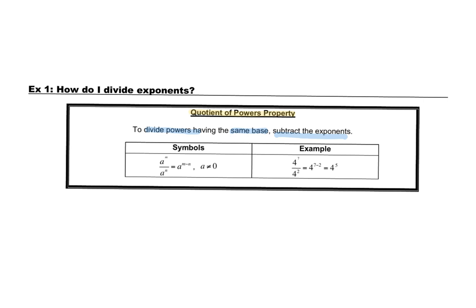Well, let's take a look at what that looks like with our example. We have 4 to the 7th power divided by 4 to the 2nd power. So basically what we have here is 7 4s, and then we have 2 4s on the bottom that are being divided by.